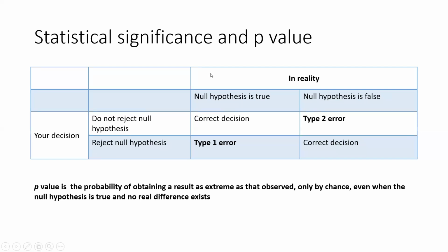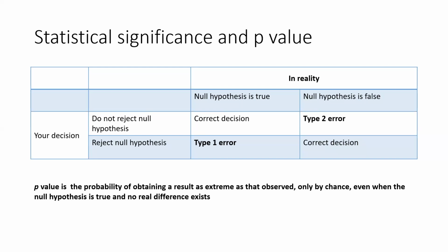In reality, there's no association between height and lung cancer, but based on our study we come to the conclusion that there's an association between height and lung cancer. So, will it be a correct decision or a false decision? False decision. That error we call type 1 error.